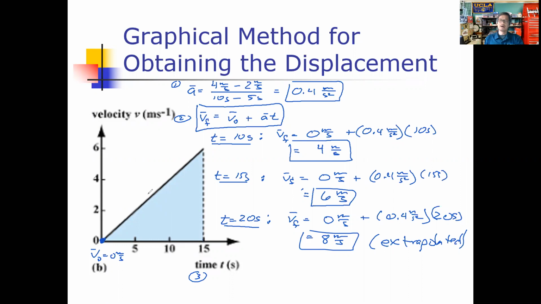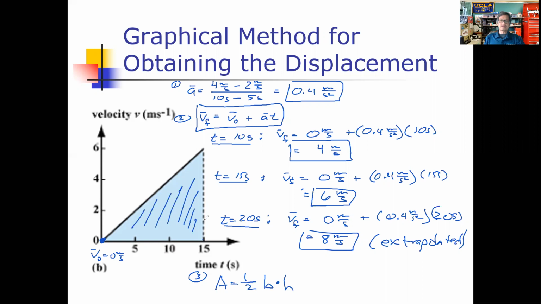Find the area underneath the rectangle. With this changing velocity, the method doesn't change. What we use does change though, because here now the area underneath this curve is a triangle, and so to find this area we'll need to use the formula for the triangle, which is 1/2 base times height.